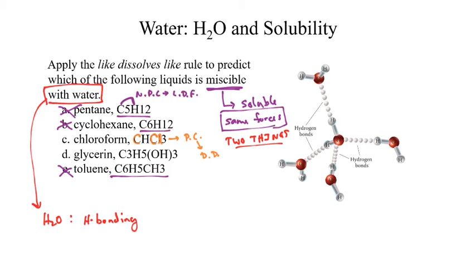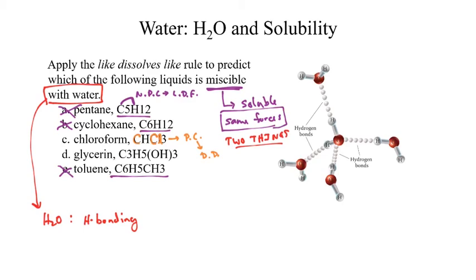Dipole-dipole isn't super similar to hydrogen bonding, but if I was given the choice between A, B, C, and E, C is the best answer. Okay, does that make sense? So we changed the answer choices: A, B, C, and E. C is the best option to dissolve because it is the closest in intermolecular forces.